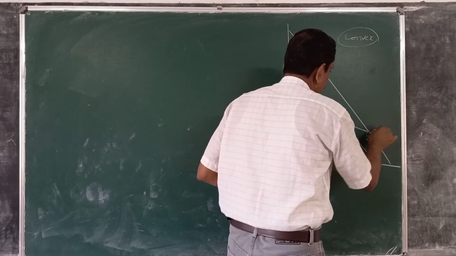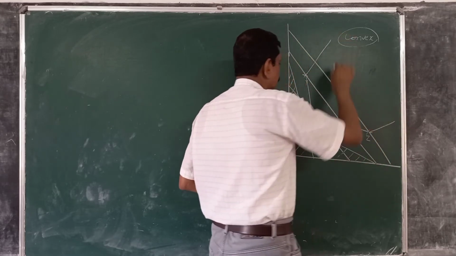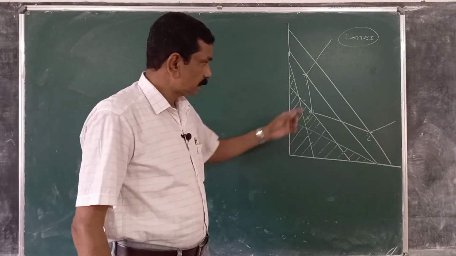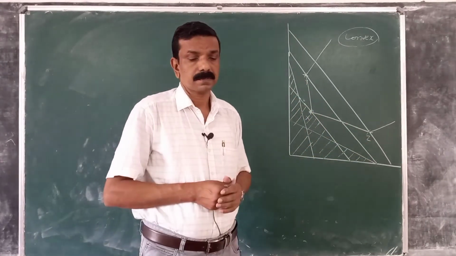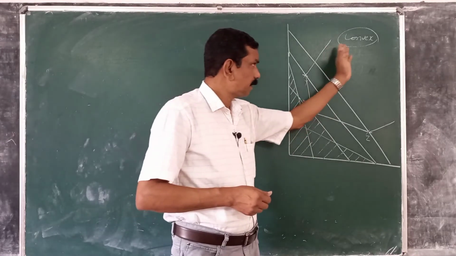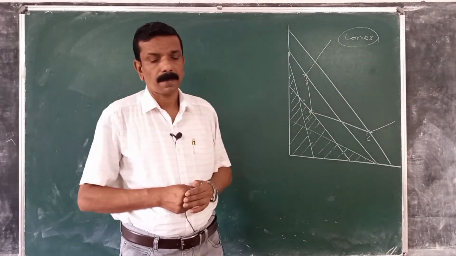We assume that the bundles Y and Z are preferred to X, and we assume that preferences are convex.